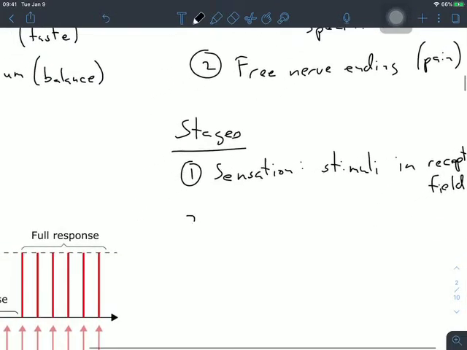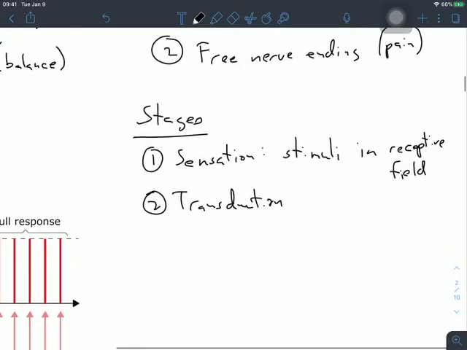Step 2 is some sort of transduction. This, of course, being sending that physical signal or chemical signal into an electrical signal.